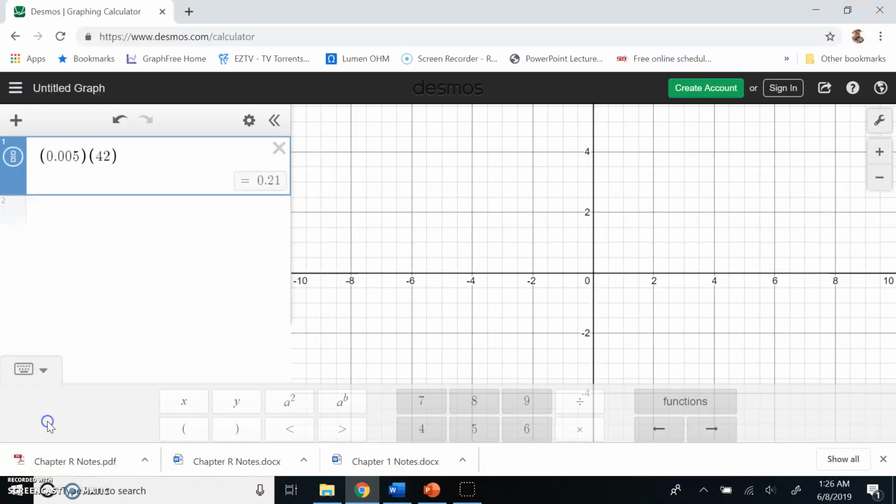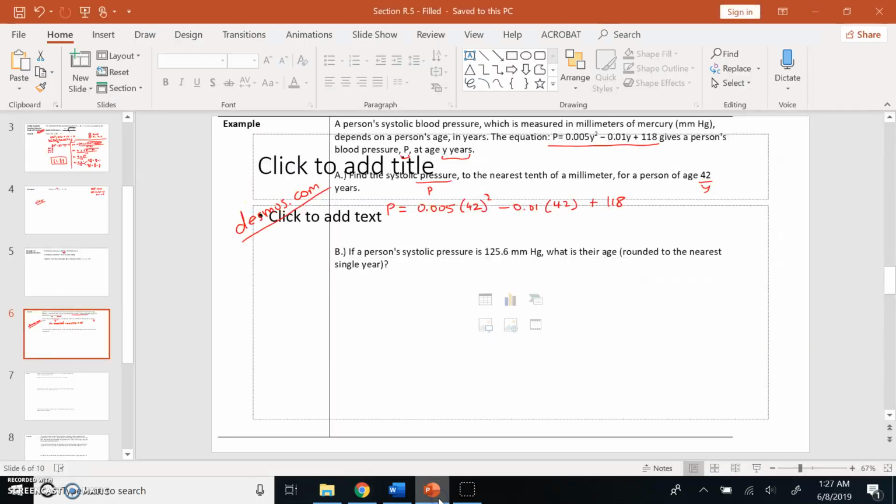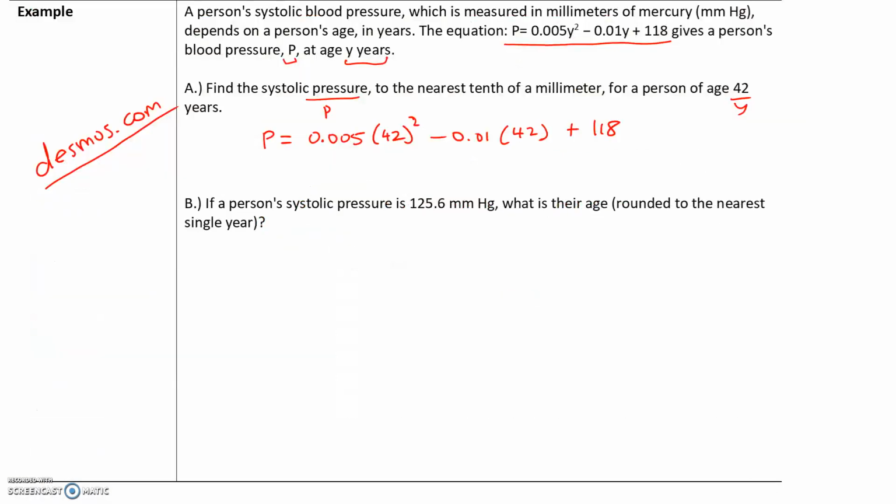Your exponent key is right there. So it's going to be 42 squared minus 0.01 times 42 plus 118. So the blood pressure is going to be 126.4. So let's go back over here, and we're going to say that the blood pressure is equal to 126.4.